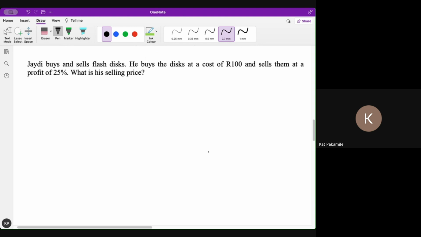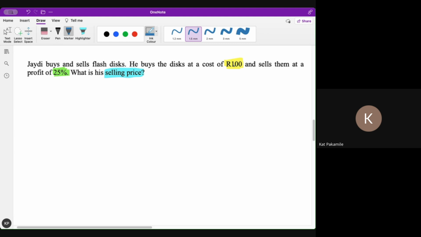Okay, so JD buys and sells flash disks. All right, he buys the disks at a cost of 100 Rand and sells them at a profit of 25%. What is the selling price? Now I'm going to identify all of the little aspects I have here. What do we call this 100 Rand?